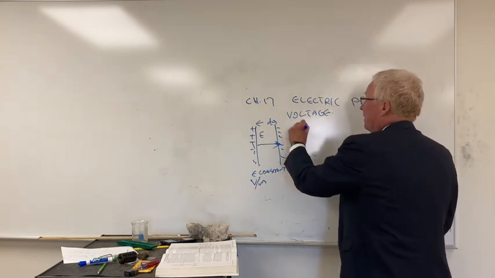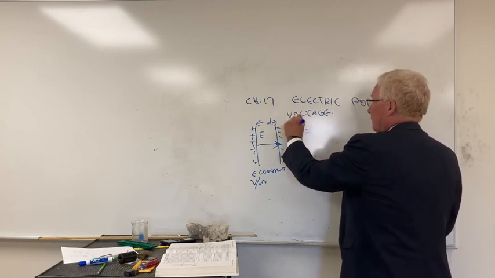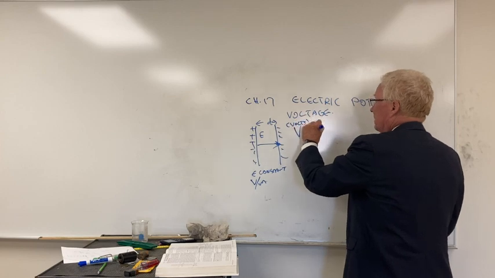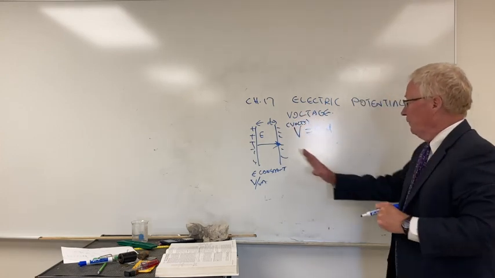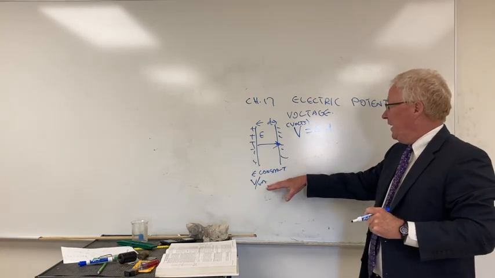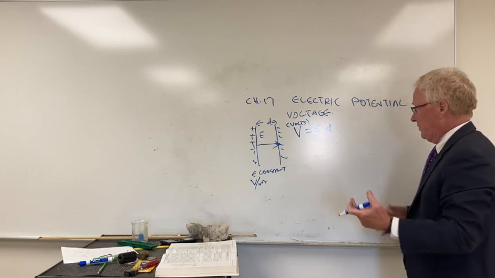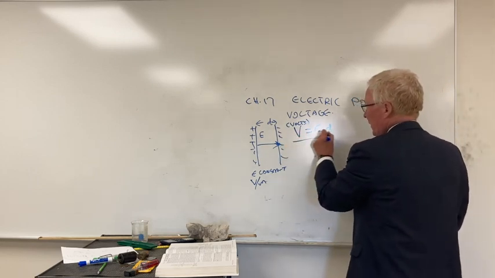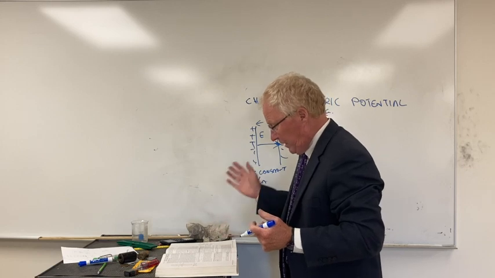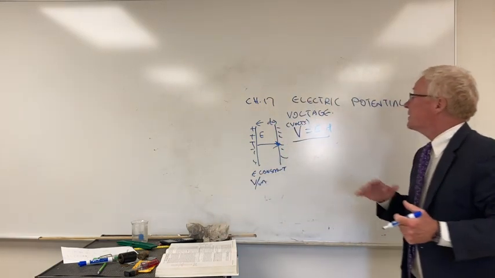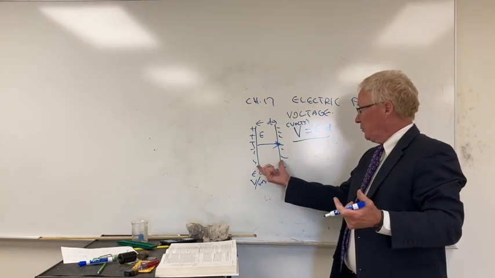Then V, which is in volts, or capital V, is E times D. So the voltage across here would be E times the separation. We talked about this before. So that's for parallel plates, like that could be both sides of a battery.